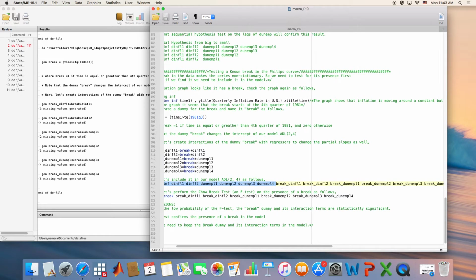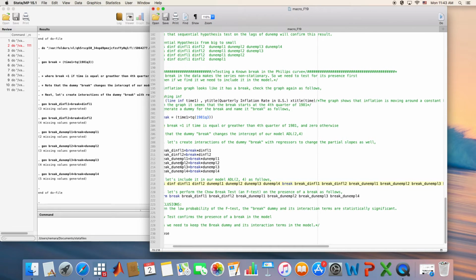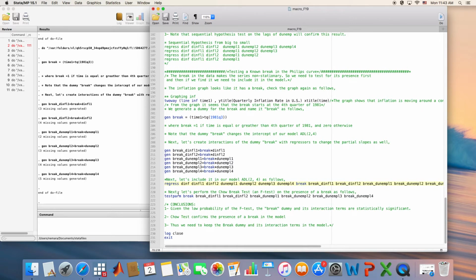Okay, I don't see the break itself, just a second. So this is the interactions. I don't see the break itself, so let me include this. So this is in order to have a change in intercept and slope, and then we perform the test on the intercept, break and the slope. Okay, so let's do this.